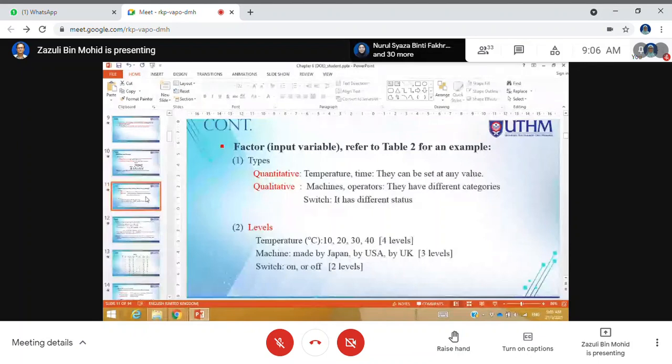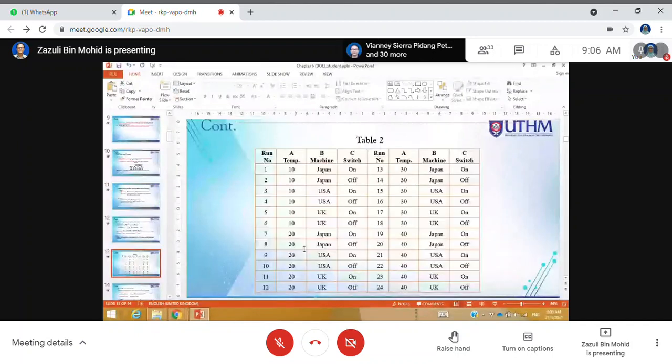So we have the factors, then we have the levels. For example here, the levels are 10, 20, 30 and 40. So for the factor temperature, we have 4 levels here. First level is 10, second level is 20, third level is 30, and fourth is 40.